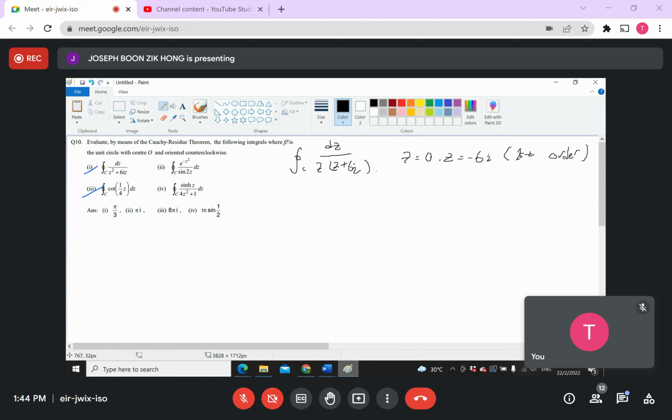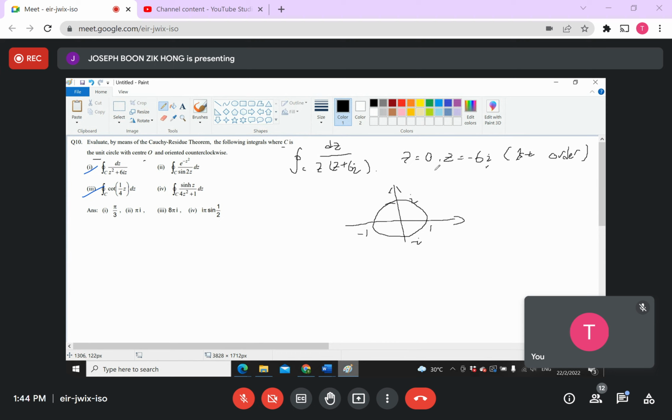But you have to have a look at what the C is as well. C is a unit circle centered at O. So that means it should be something like this: i, negative i, 1, negative 1. So quite clear, negative 6i is somewhere very far down there. So it's not inside the circle. So I no need to care about this one. I only care about z equal to 0.